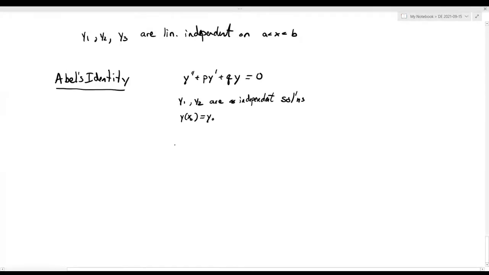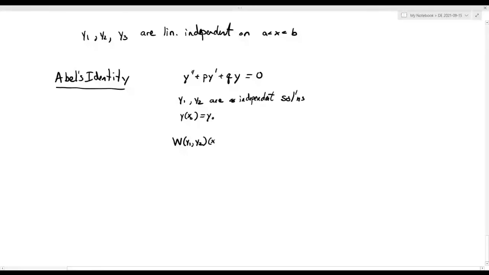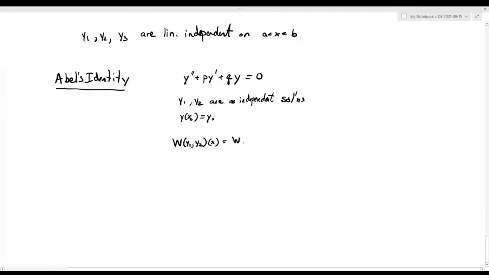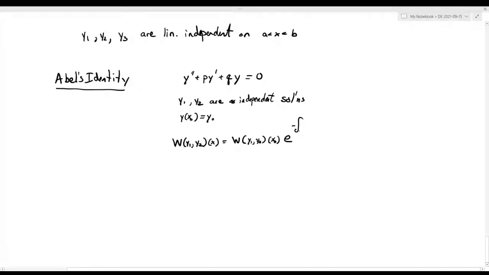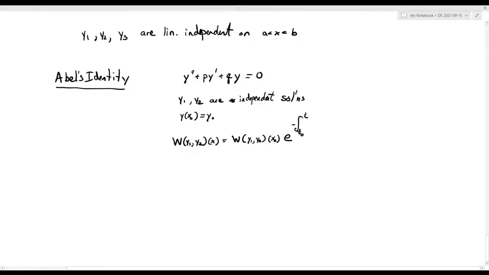If we plug this into the Wronskian, we should get something non-zero, but it is equal to a constant, which is the Wronskian evaluated at the initial value t naught of our independent variable, times e to an integral from t naught to an arbitrary x.